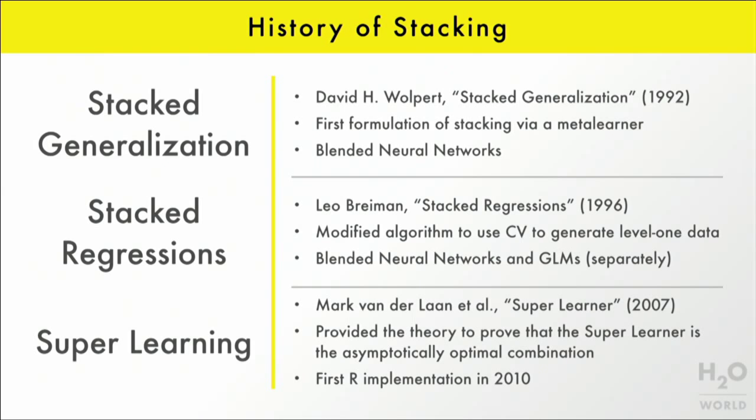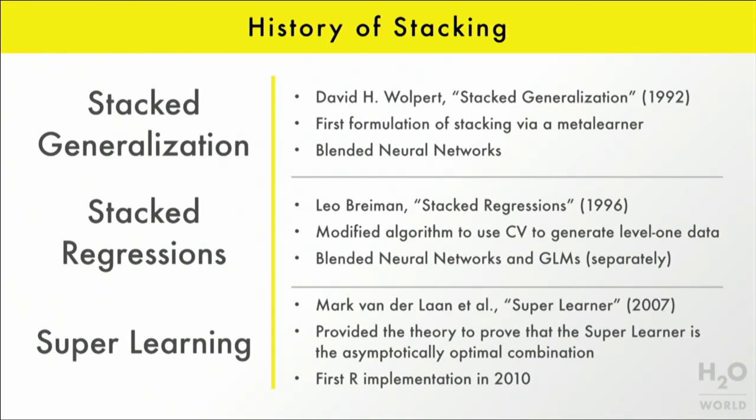And so he was a neural network guy, and so he blended neural networks together. Then a few years later, Leo Breiman, who's the inventor of random forest, came up with a paper called Stacked Regressions. He changed a few things about the algorithm and did a lot of empirical study of it to find out that if you use cross-validation to generate this, I'll explain further what this level 1 data is, but basically it's the data that you feed into the second machine learning algorithm.